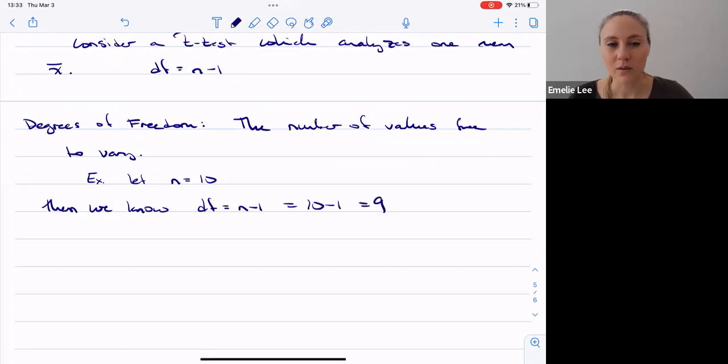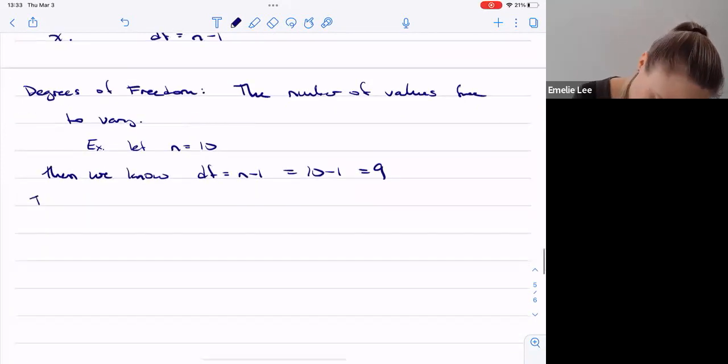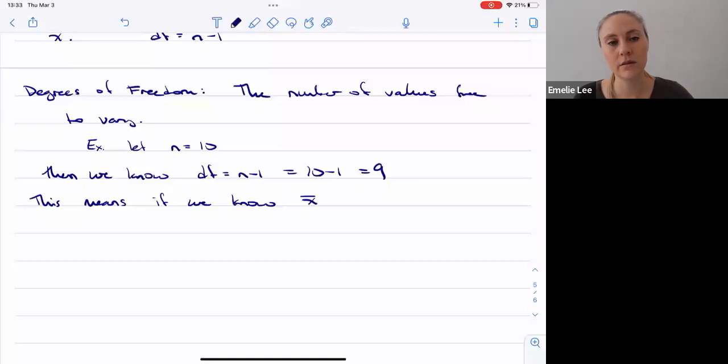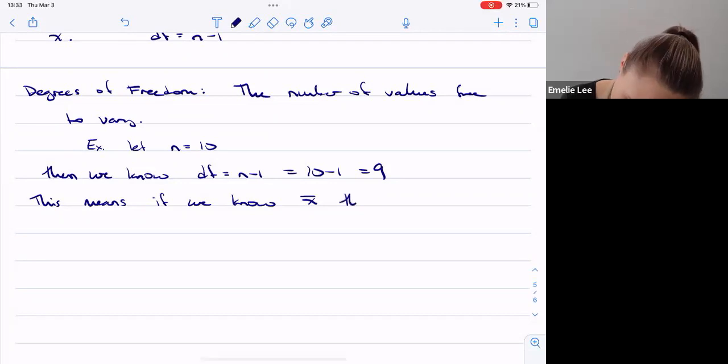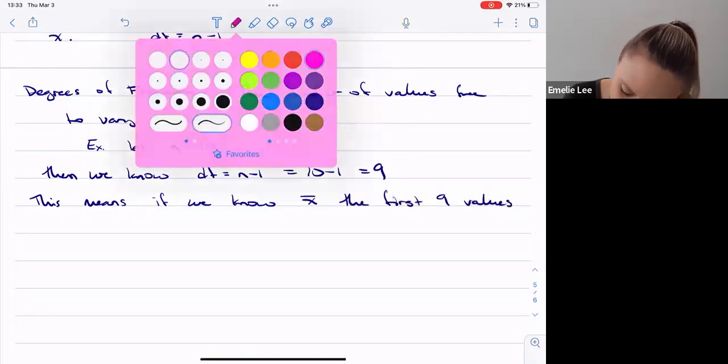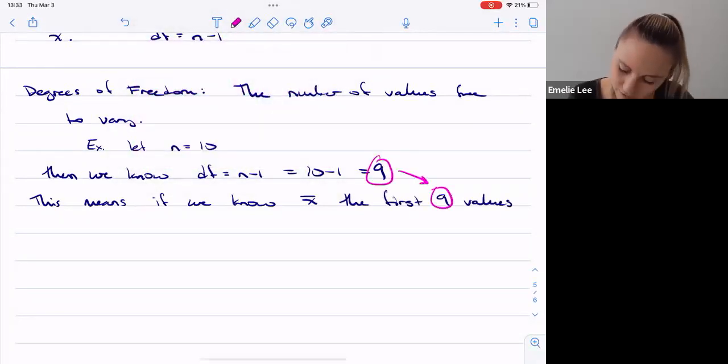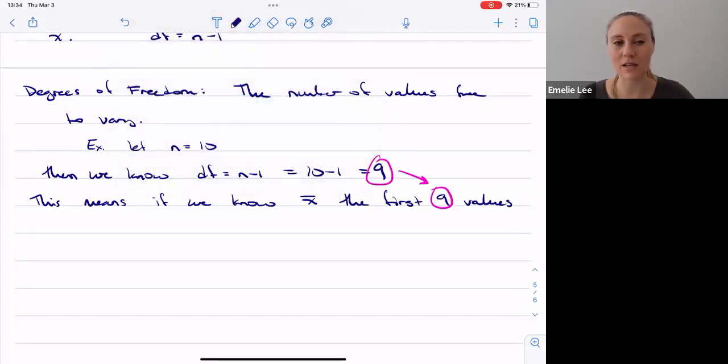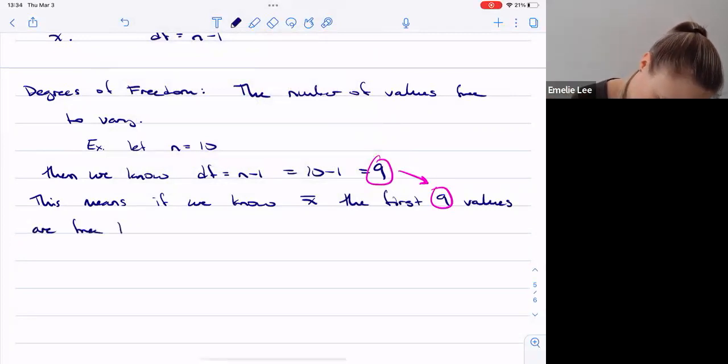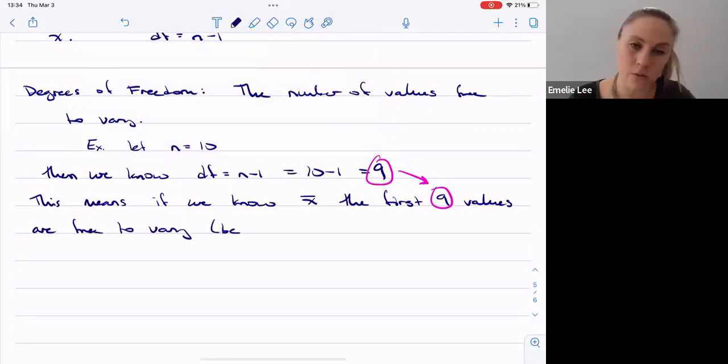Which means that if we know x bar, the first 9 values, and this is the same 9 as the degrees of freedom, are free to vary, be whatever they want to be.